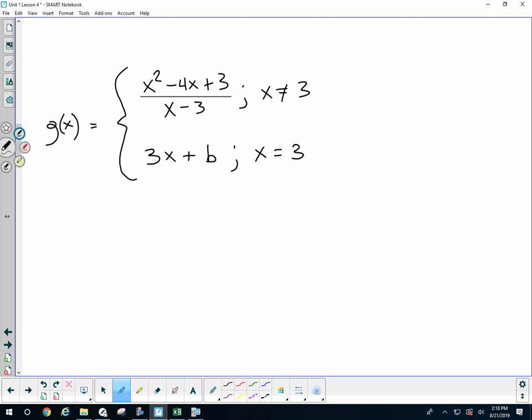Now, watch. I can't just plug in to x squared minus 4x plus 3. If I plugged in 3, I got 0 over 0. This is the situation where I need to take this and factor to find the locations of possible holes or asymptotes.